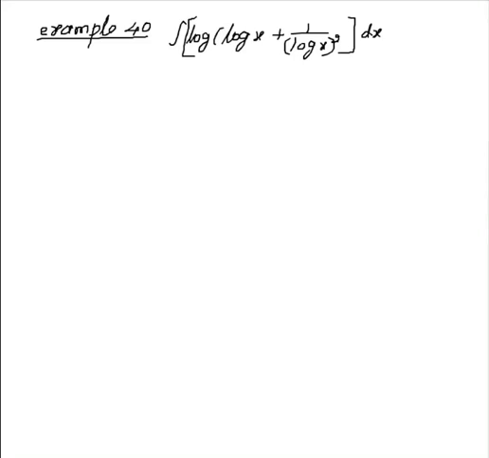So for this question we are going to use integration by parts 2 times. Let us separate and write the integral. First integral is log of log x into dx, and the second integral is integral 1 divided by log x the whole square dx. We are going to use by parts method.